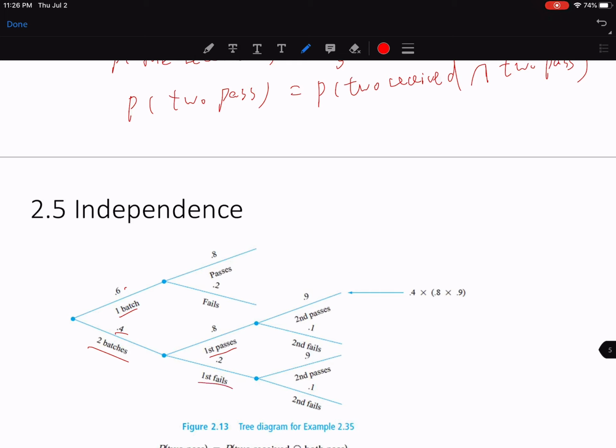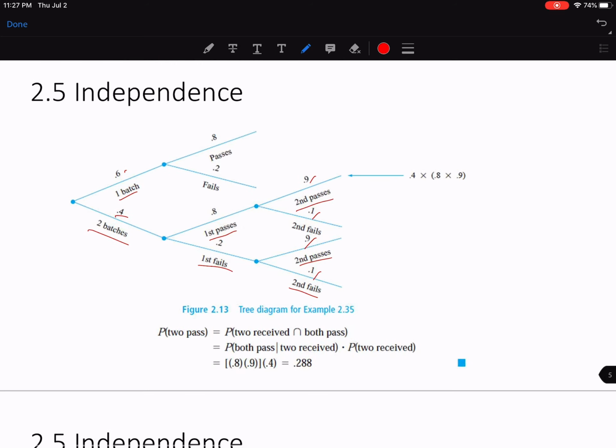Then we keep going to the second batch: the probability that the second passes is 0.9, and the probability the second fails is 0.1. And same thing over here. The probability the second batch passes is 0.9, and the probability the second fails is 0.1.